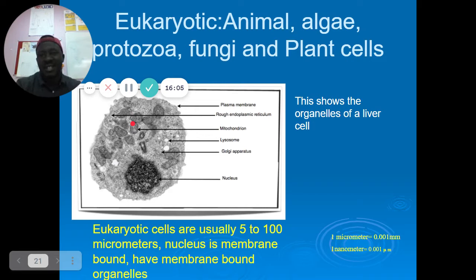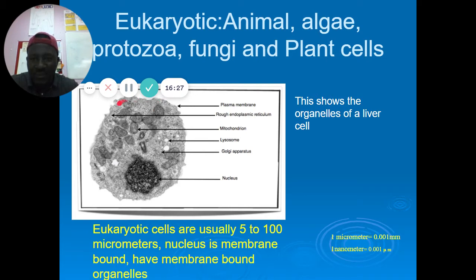So that shows this cell is active due to the vast number of mitochondria present. And because it's active, there are a lot of peroxisomes produced, responsible for detoxification of the human body, as you can observe.